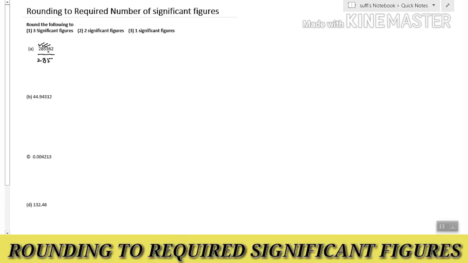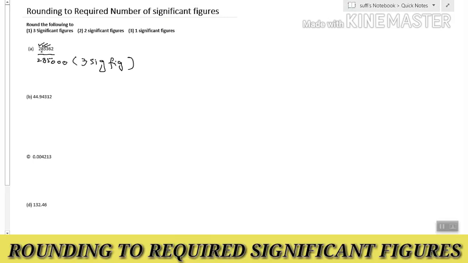As the next digit is less than 5, we will just write the rest as 0. So this is rounded off to 3 significant figures.